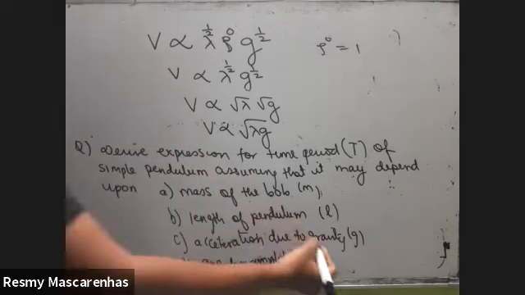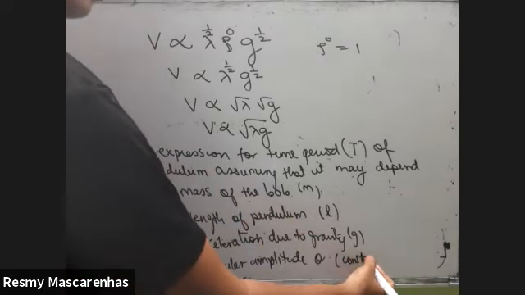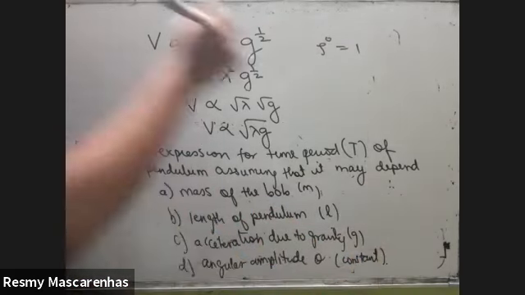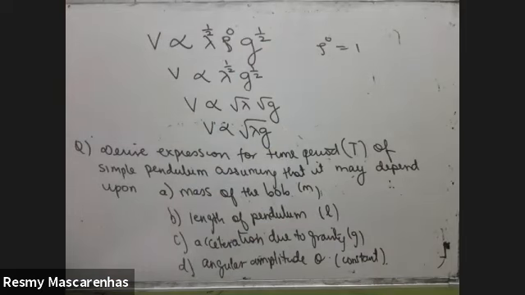Here, this is a constant. So whenever a constant like theta is there, you can just ignore it along with the k.